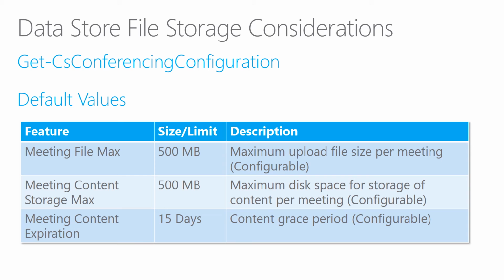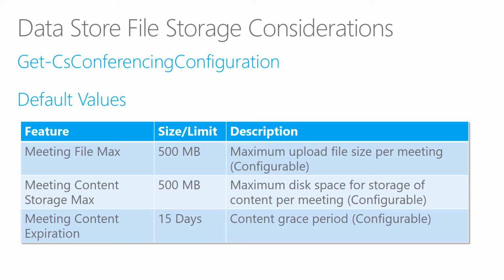While it's not important to understand the specific folder structure on the file server, it is important to understand that the configuration options associated with the data store can have an impact on your conferencing environment. On the screen right now, we see the default values listed with the Get-CsConferencingConfiguration cmdlet. The maximum meeting file size is 500 megabytes.